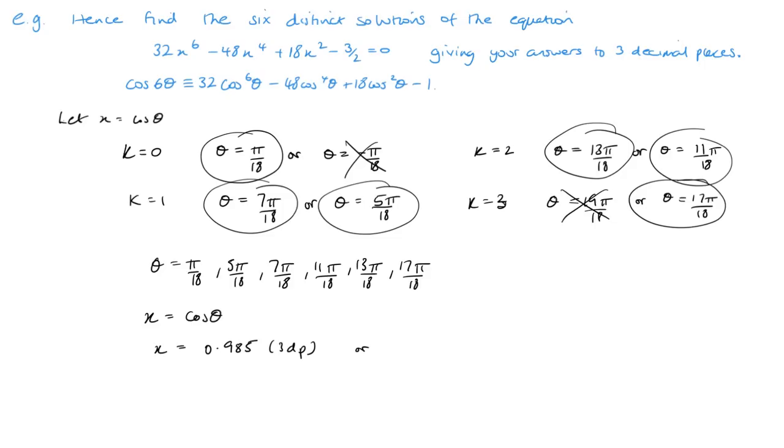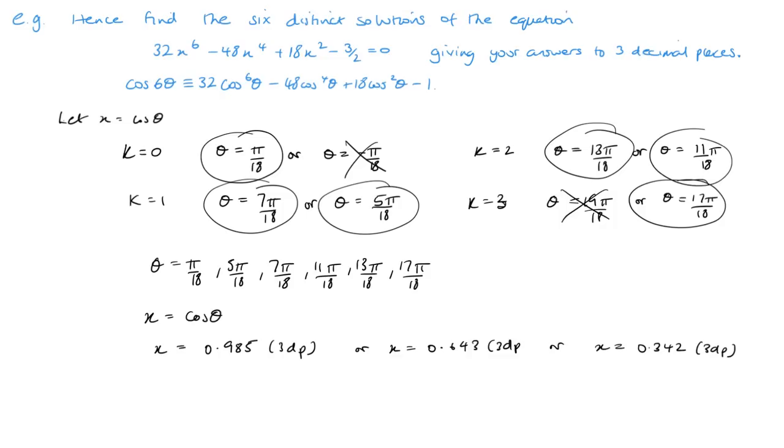Or cos of 5 pi by 18 is 0.643 to 3 decimal places. Or cos of 7 pi by 18 is 0.342 to 3 decimal places.